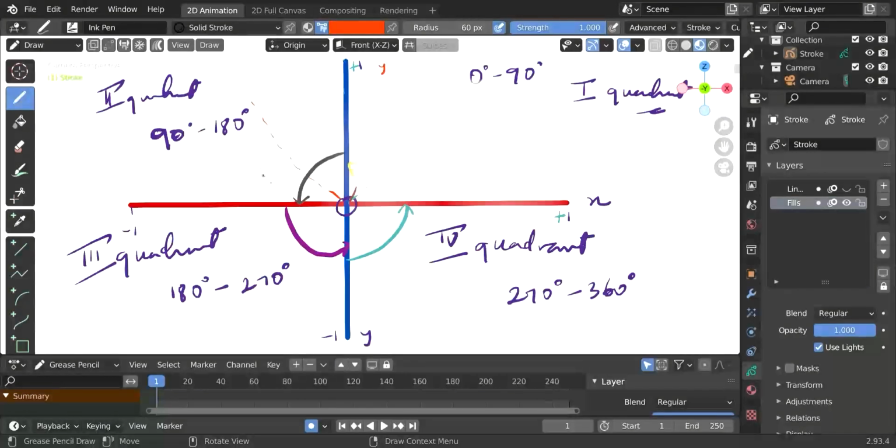Now let's move to the third quadrant, which is between 180 degrees and 270 degrees. Now we are dealing with the negative x-axis and the negative y-axis, and here it says only values of tangent are positive. Why?